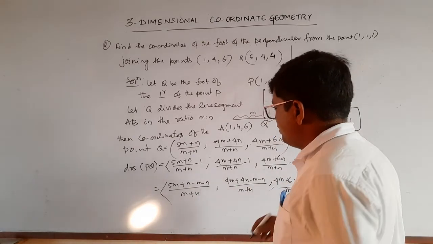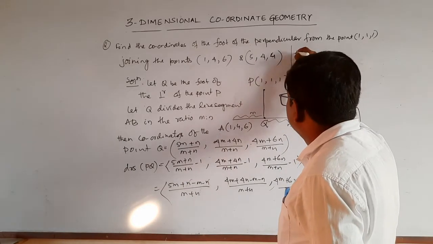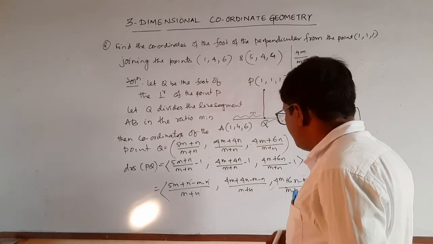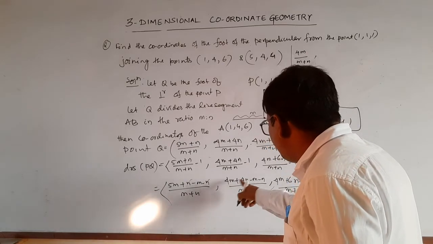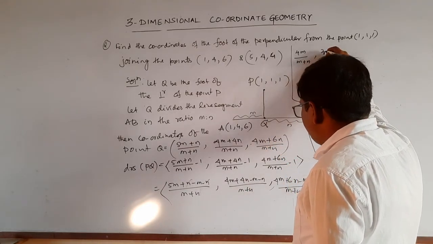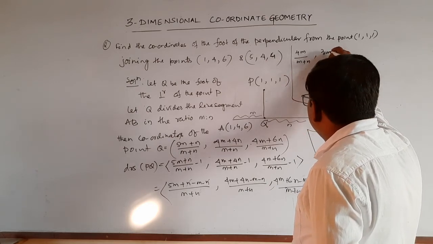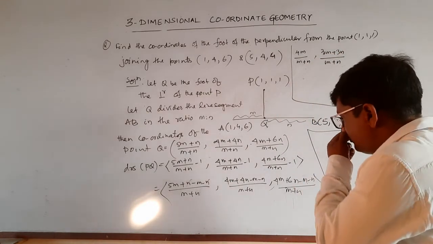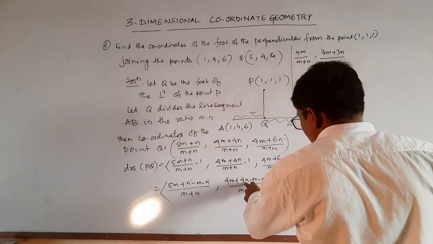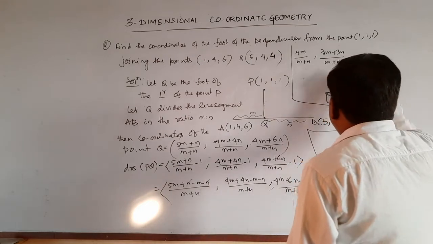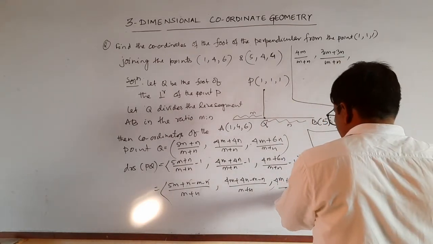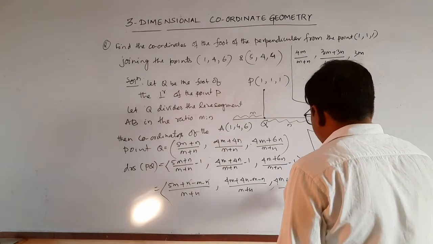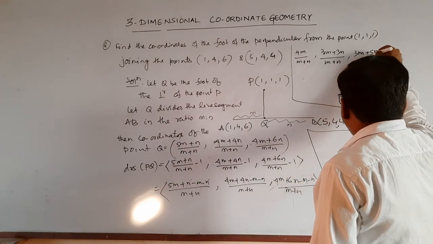So this is 5m minus m, that is 4m, n cancels, by m plus n; then 3m plus 3n divided by m plus n; and 3m plus 5n divided by m plus n.